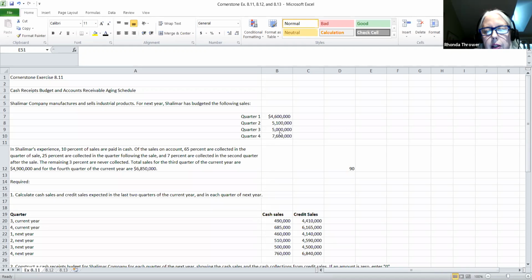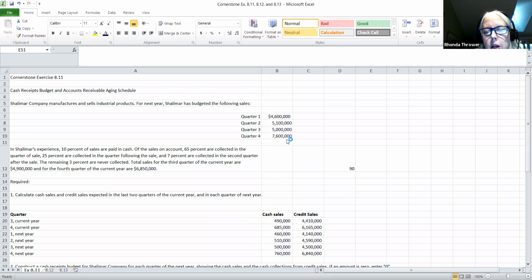In quarter three, the total sales were $5 million. 10% of 5 million is 500,000, and 90% of 5 million is 4,500,000.